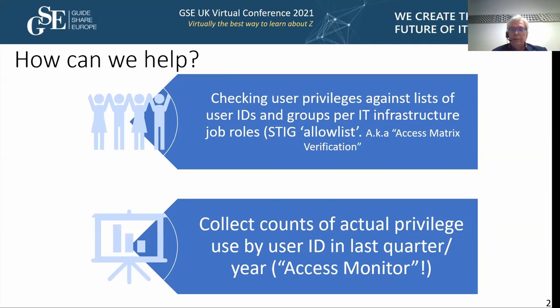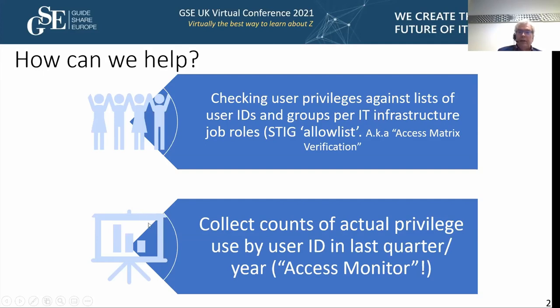We could also call it access matrix verification. So it's kind of shadow administration where you verify that the content of your external security monitor, the net effect, the effective protection provided by your ESM should match what you put in those allow list members, so that only the people that have a positive identification in the allow list members are allowed those infrastructure job roles that have more than normal access.